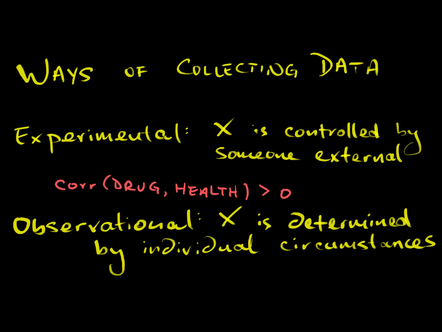Taking the drug improves the health outcome. But what we find in observational data, these are real world data, just based on what we observe in the real world, is that taking the drug is negatively correlated with health. It looks like the people who take the anti-obesity medication are fatter.